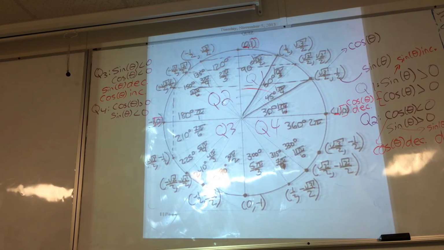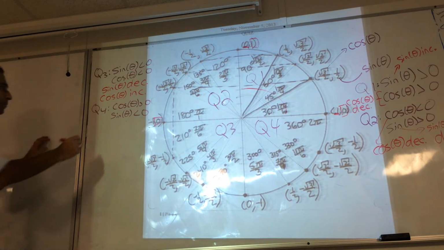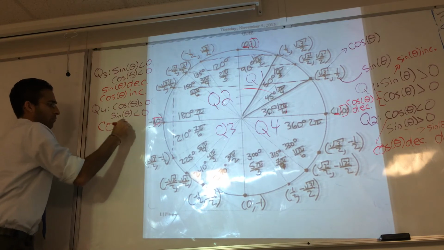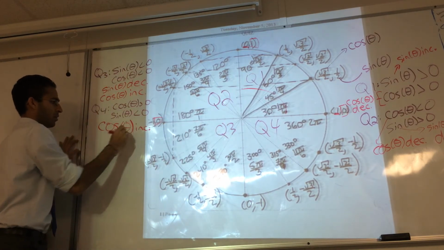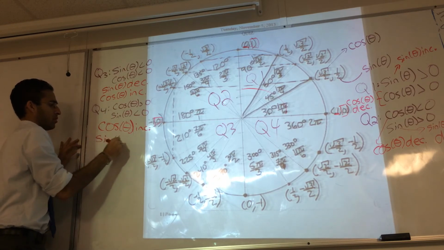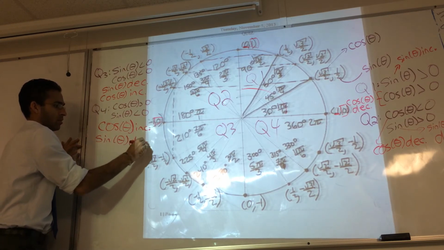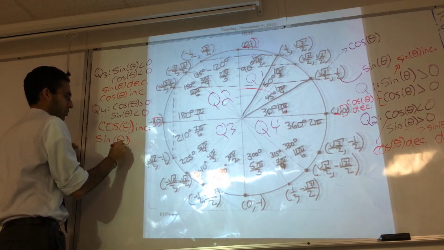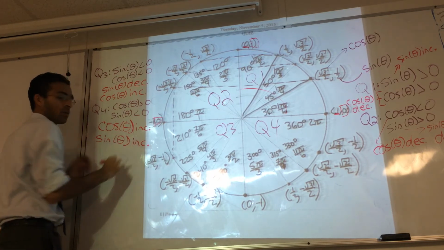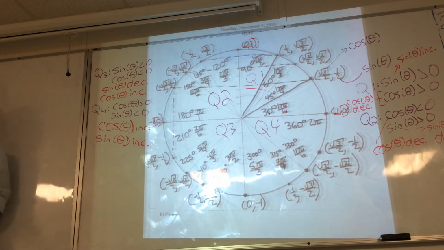And let me end by doing Q4. Quadrant 1? Wait, why does quadrant 1 go decreasing? Because of the axis. All right, so here's what we have for all the quadrants. Let me stop here and take some questions.